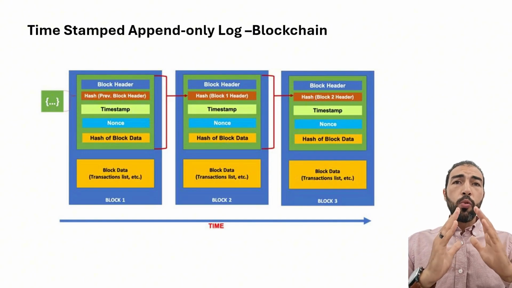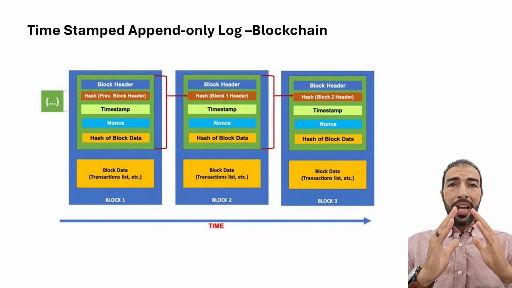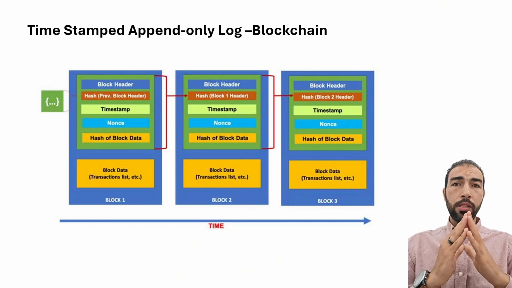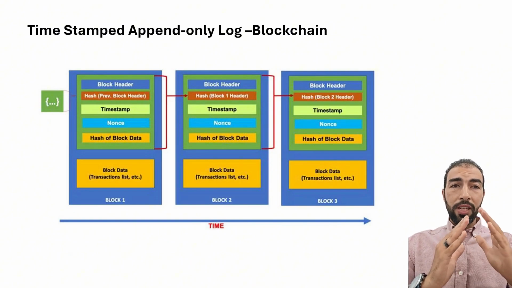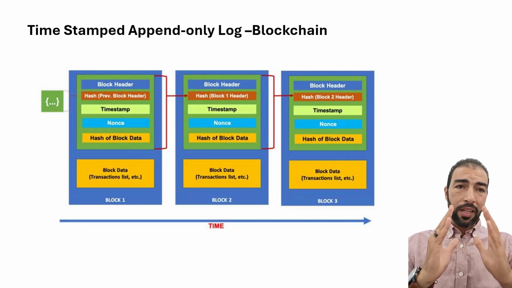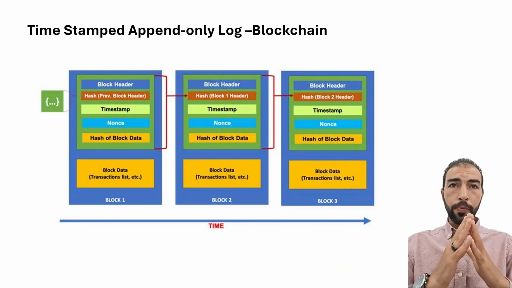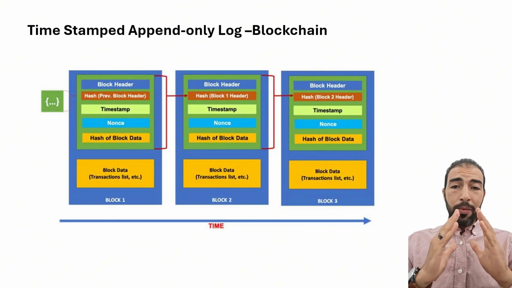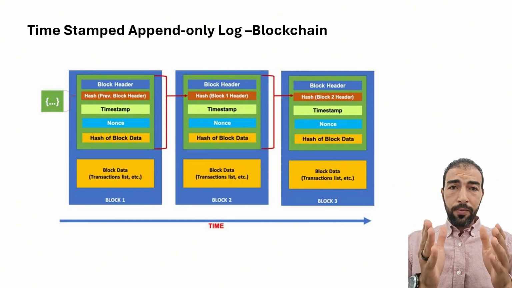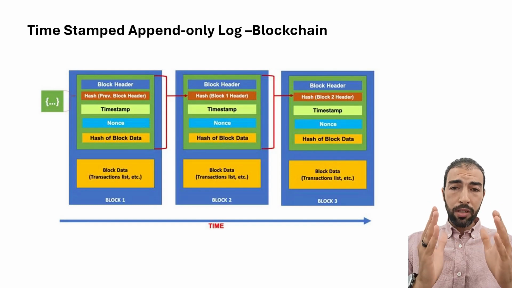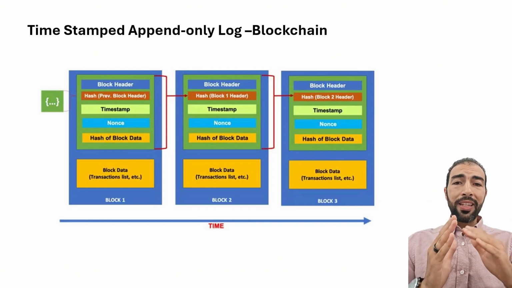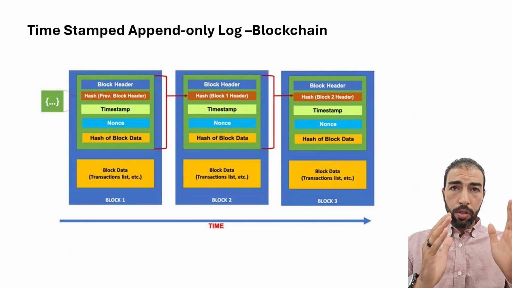As we see here, we have block header, hash, timestamp, nonce, hash of block data, and the transaction list. Each block has this information. What is the block header? It is a summary of the block data, what is the content of the block, and we are linking it with the next block.